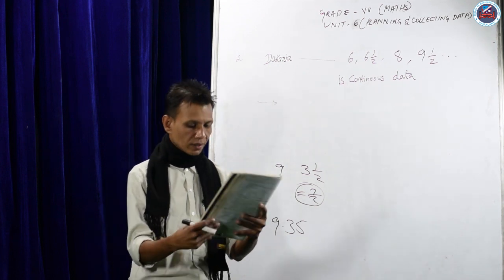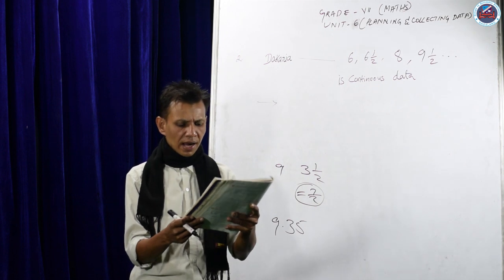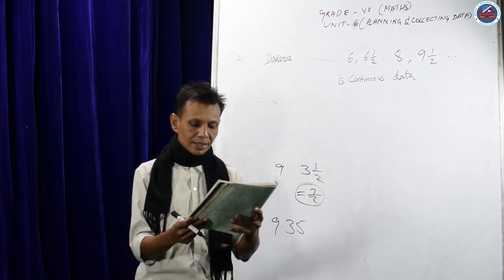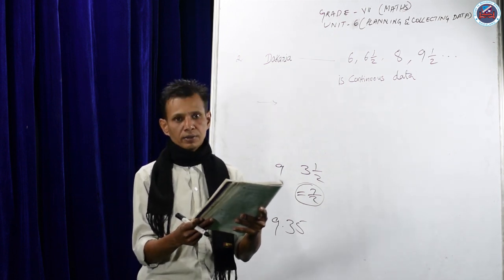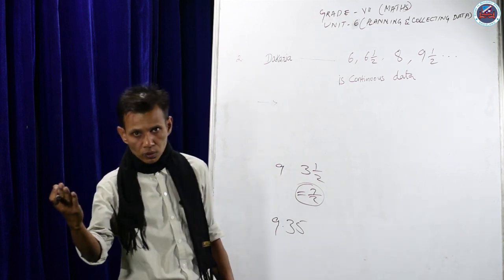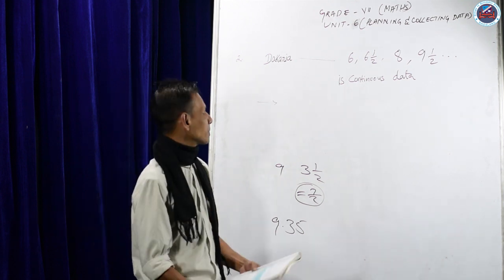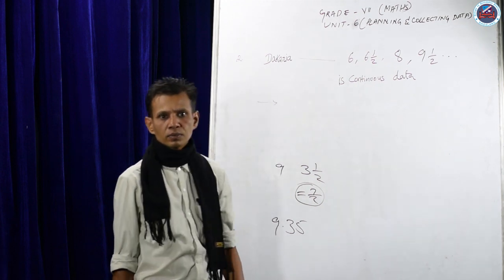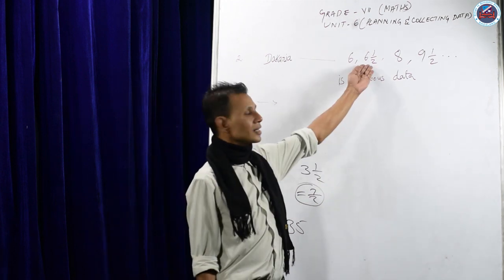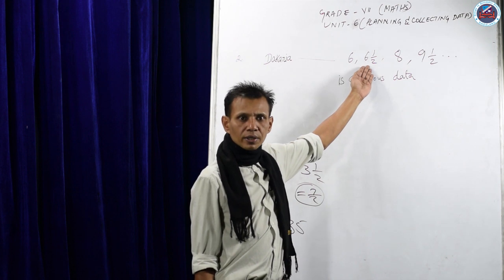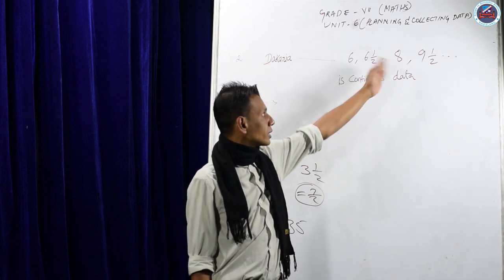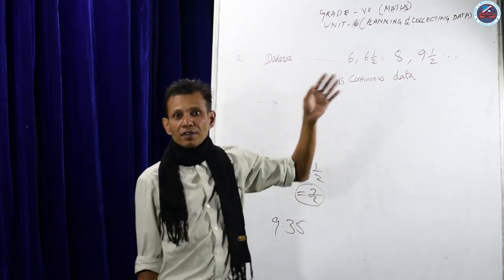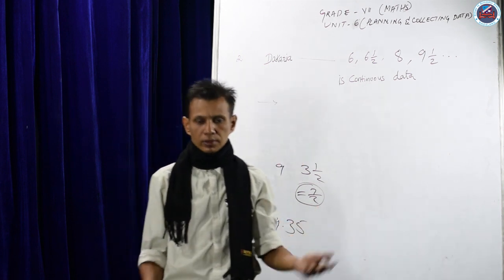He said, I have asked 10 people the size of the shoe they wear. So he went and asked 10 people what size they wear. Some say size 6, some might say 6.5. You agree? Yes. Some will say 8, some will say 9.5, some will say 5.5, and so on.